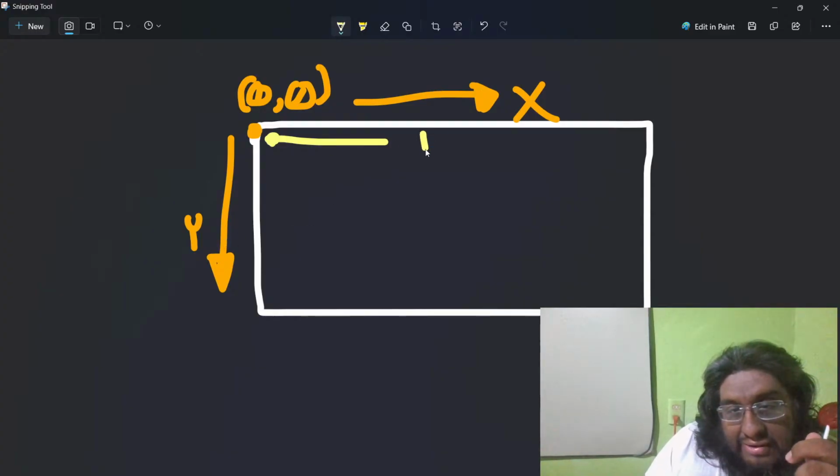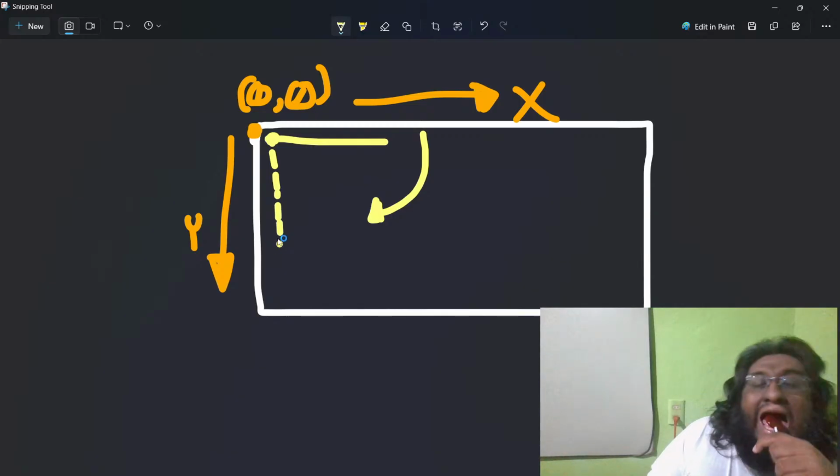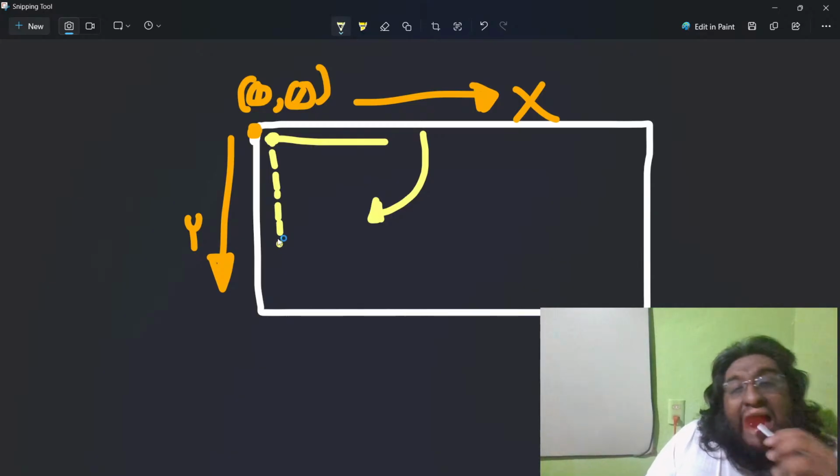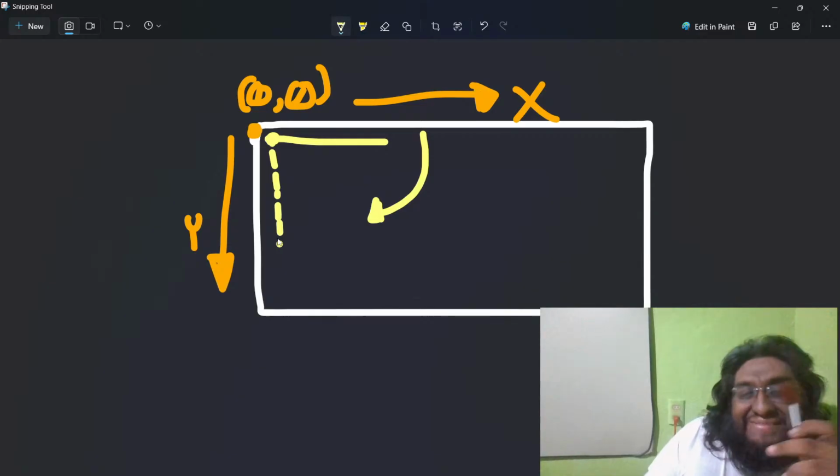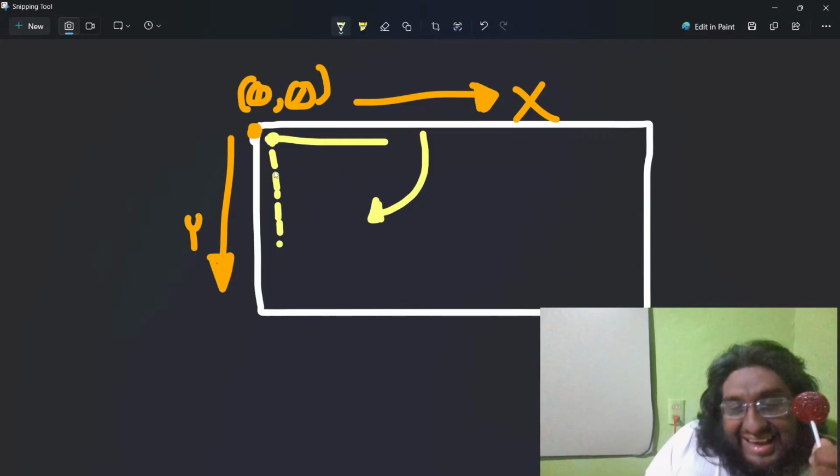The thing will be like this. This line will end on this position. Well, nothing new, right? We have been doing that from the very beginning.